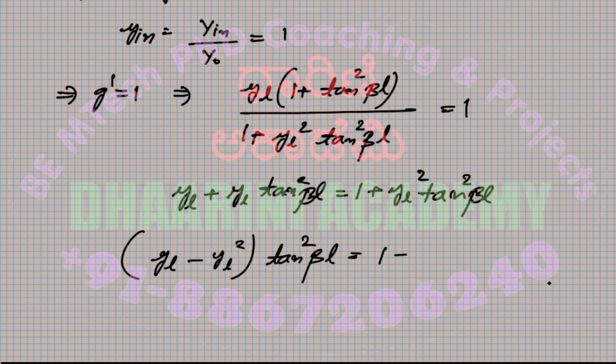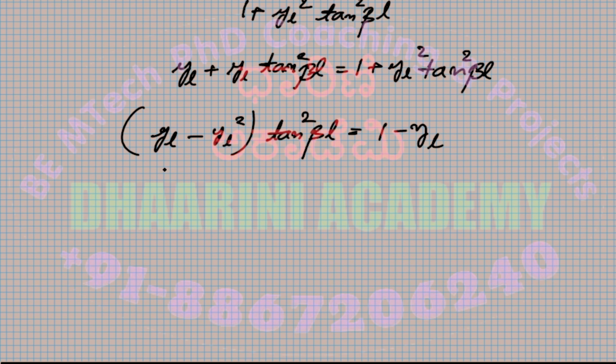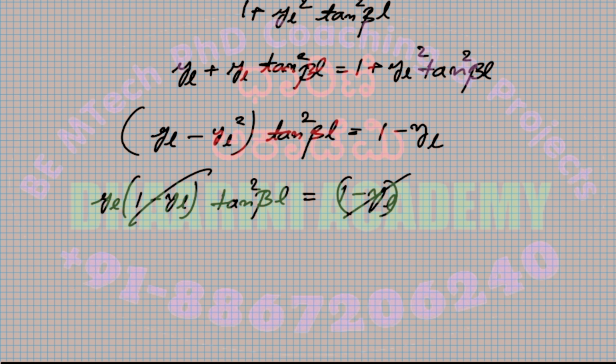YL goes to the other side as minus YL. Here I can see that I can take YL once again outside. YL into 1 minus YL tan square beta L is equal to 1 minus YL. So you see this 1 minus YL cancels. Okay, so that means tan square beta L is equal to 1 by YL.